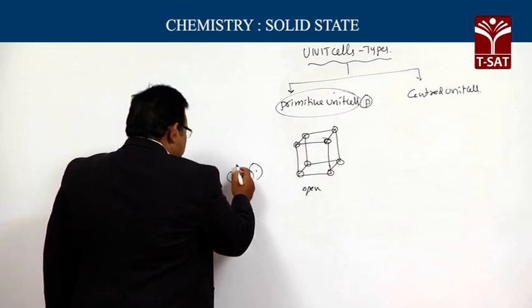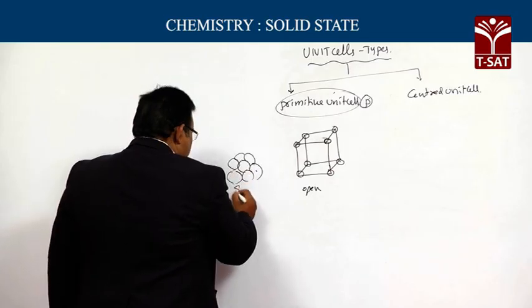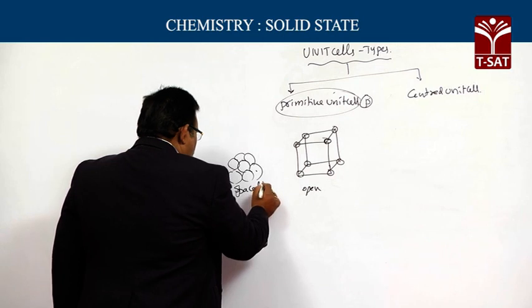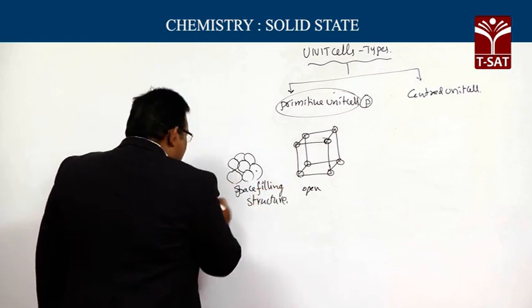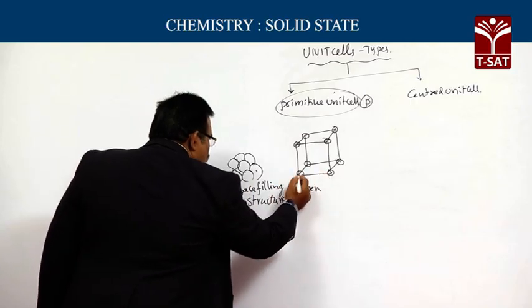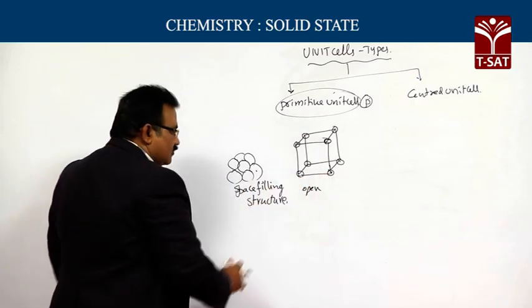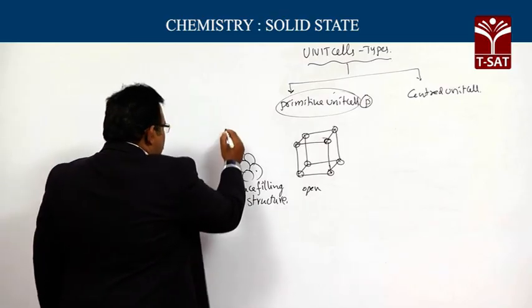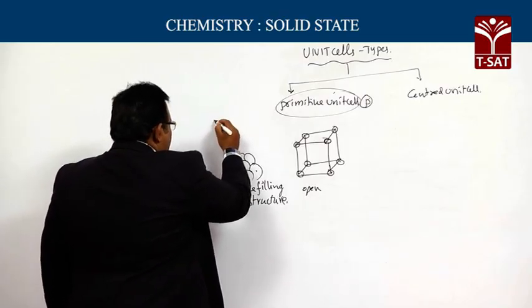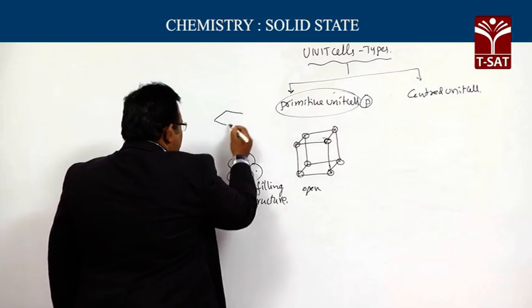So, this space filling structure tells you this is the space filling structure, but actually these two spheres are not so far away, they are in contact with each other. Actual state is like this.